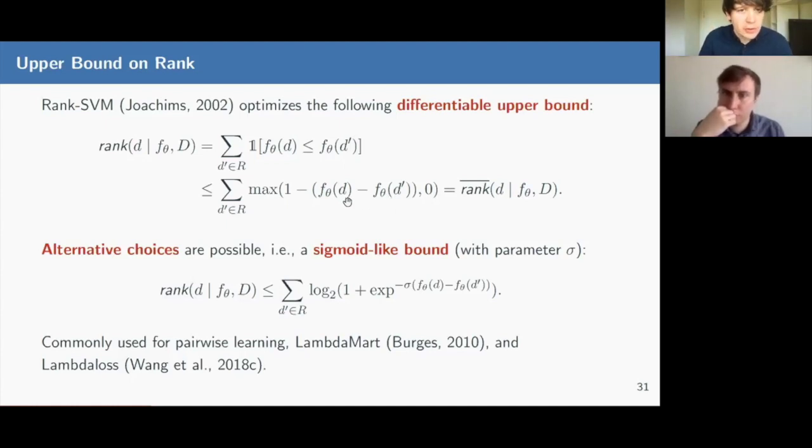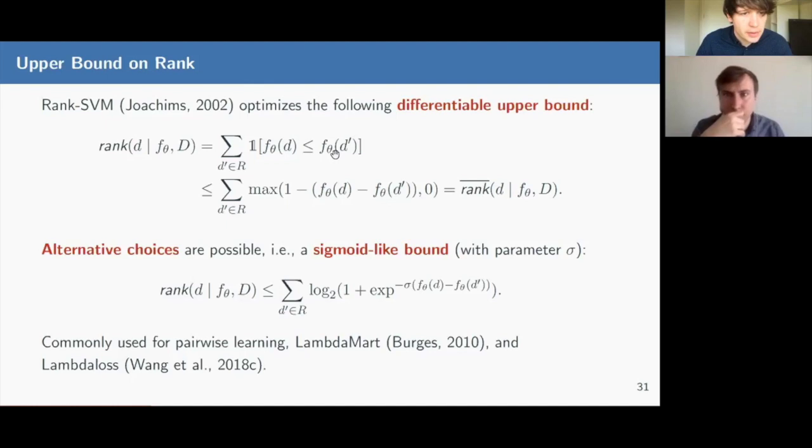If it's lower, you'll get a score lower than 1, but never less than 0 because of this max operation. So if you work this out, you can quite easily see that this score will always be greater than the rank. So we're going to call it rank with an upper bar, just to indicate that it's an upper bound on the ranking.